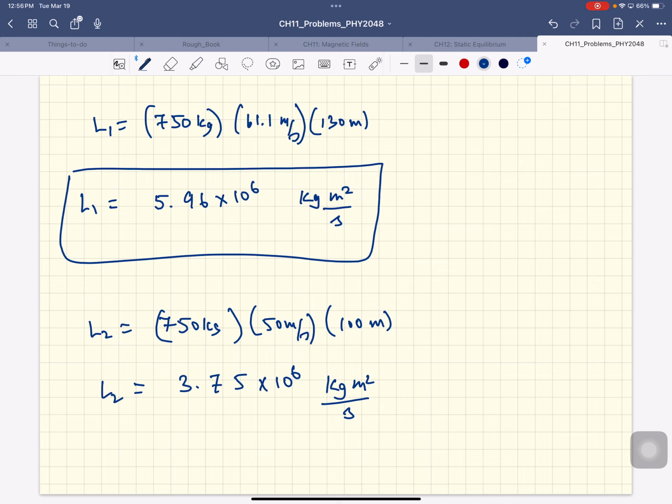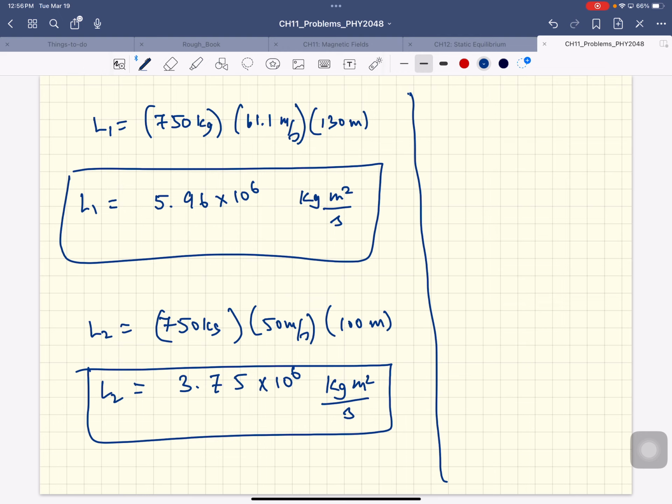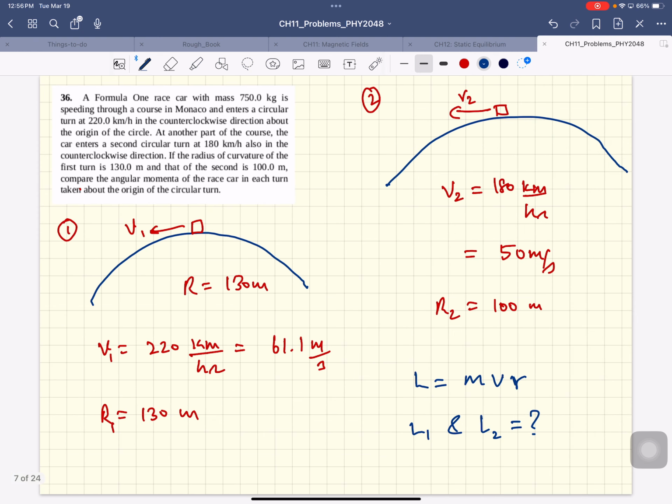All right, now the problem doesn't ask us this, but we'll do a little bit of extra, okay? When the car is going around the bend, is it accelerating? Yes. What kind of acceleration does it have? It's tangential.